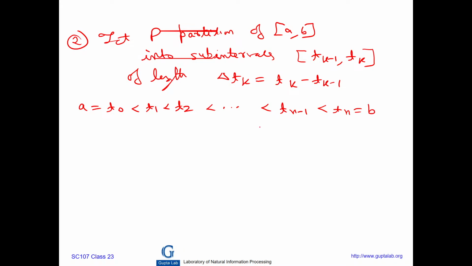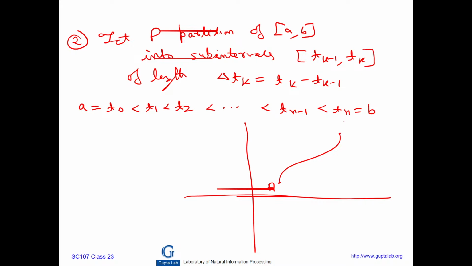So let us see an example, then it will be, I mean, a picture basically. This is your delta xk along the x-axis.